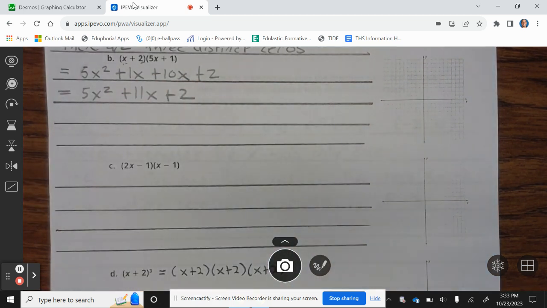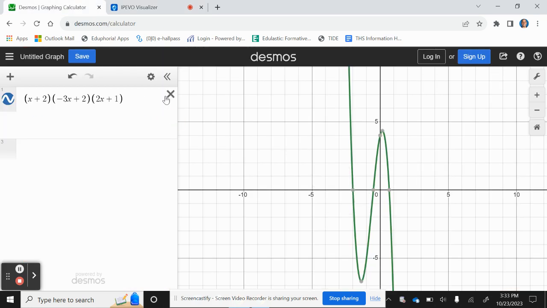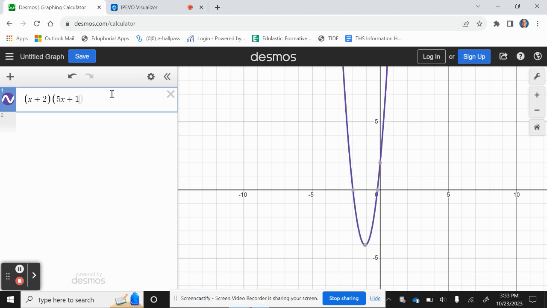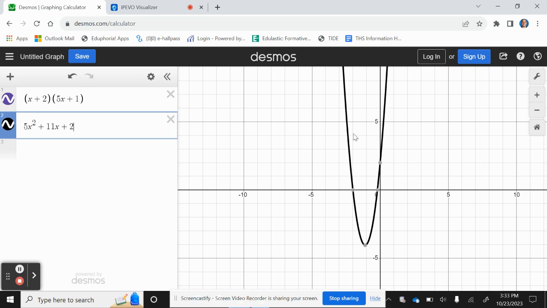All right, let's go ahead and graph to see if they're the same. So (x plus 2)(5x plus 1), and then 5x squared plus 11x plus 2. You can see that they are the same, and here are our zeros.